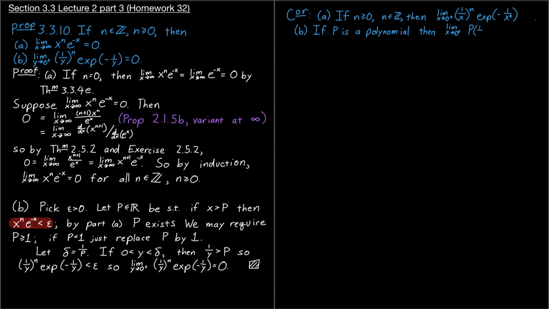And the second is that if P is a polynomial, then instead of looking at 1 over x to a particular power, you can just take your polynomial, evaluate it at 1 over x. This limit, of course, is equal to 0.